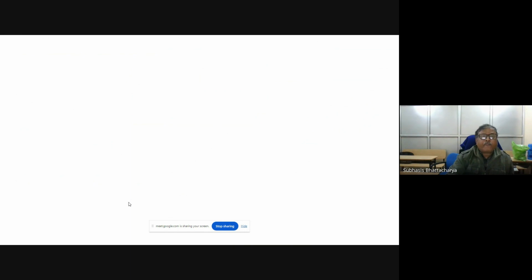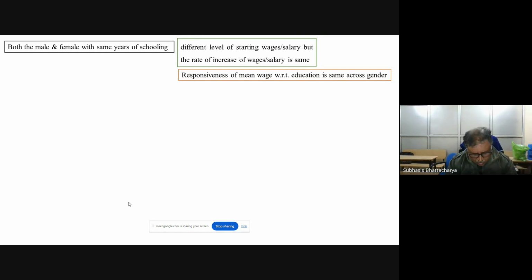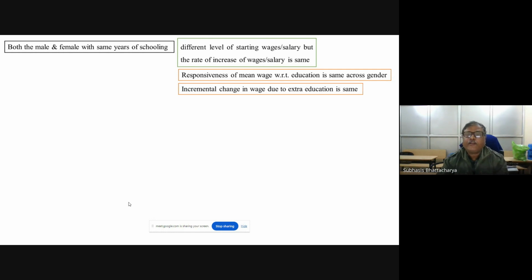So both male and female with the same years of schooling have different levels of starting wages or salary, but the rate of increase of wages or salary is the same. That means the responsiveness of mean wage with respect to education is the same across gender. That means across gender, how the mean wage responds if education increases by 1 unit, that responsiveness is the same. So incremental changes in wages due to extra education are the same.